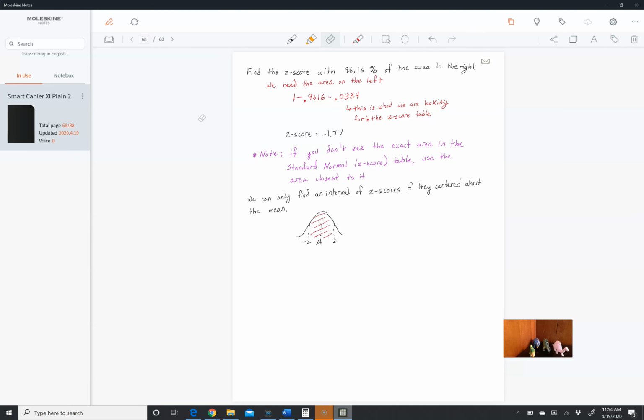And what we're saying is that the area above the mean in the interval equals the area below the mean.